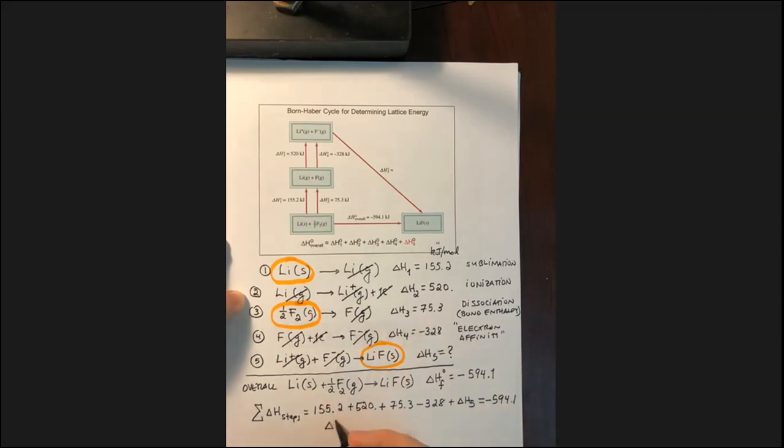So solving for delta H5, just simple mathematics, we get minus 1017 kilojoules per mole.